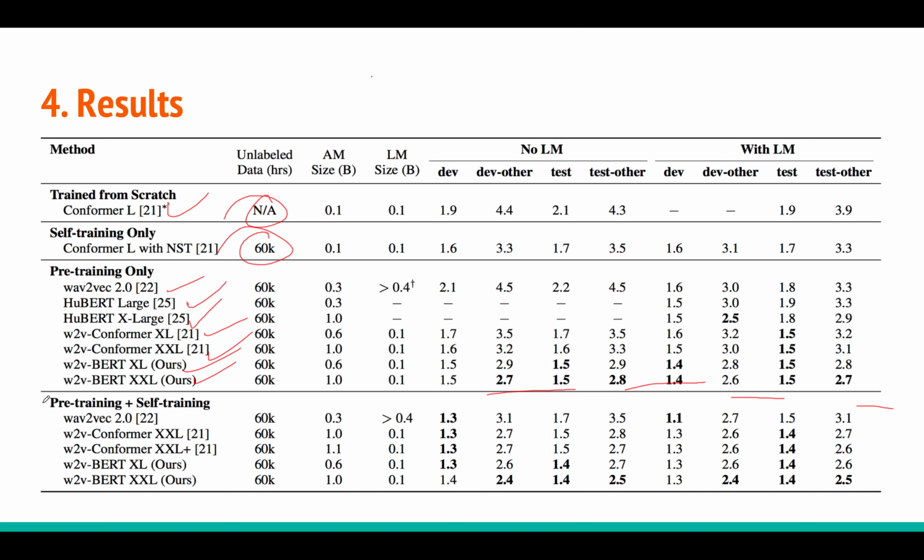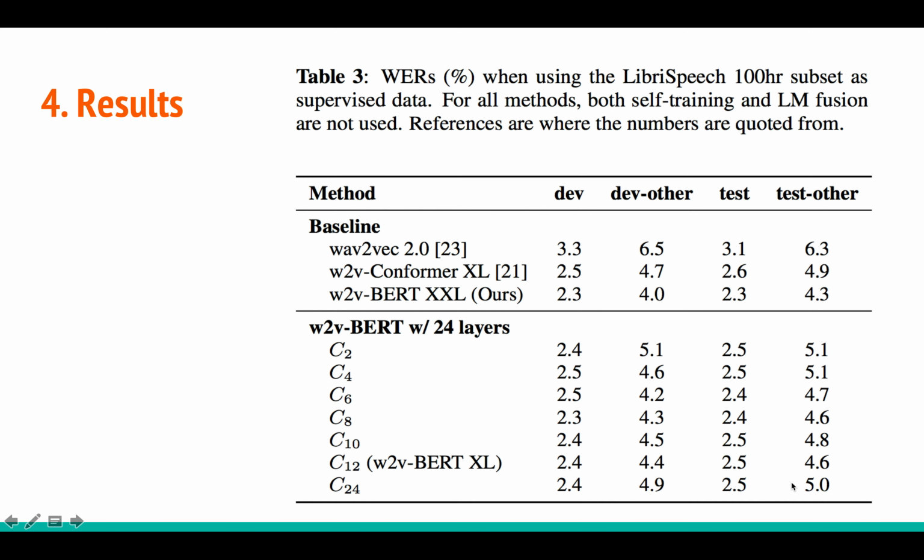And if you do pre-training plus self-training, or noisy student training as they call it, sometimes this proposed approach works better, and sometimes other approaches like the Wav2Vec conformer work better, as you can see here. And these are the results for the 100-hour subset of LibriSpeech supervised data, and the baseline models are Wav2Vec and Wav2Vec conformer and W2V-BERT XL, which is the proposed approach.